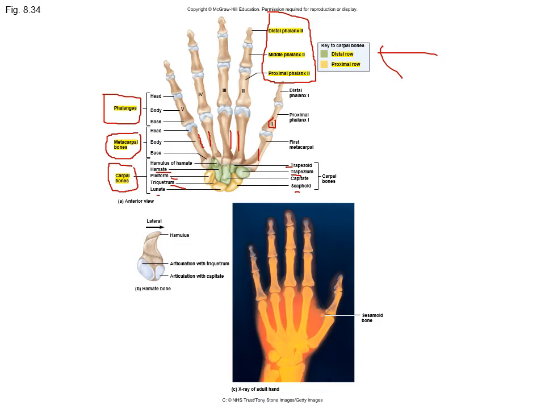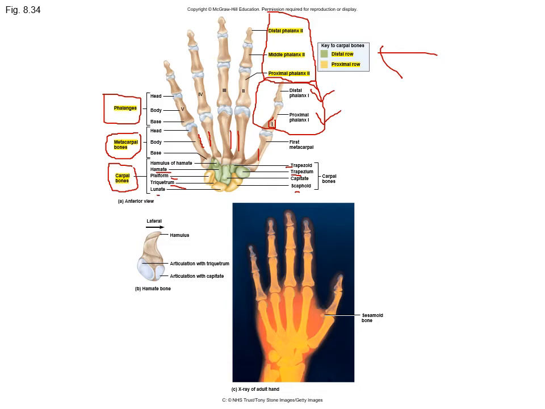But if you look at the pollex, your thumb, you only have a proximal and a distal. You do not have a middle. And that's one of the reasons why when you take your fingers and curl them, you're going to notice that your 4 fingers, 2, 3, 4, 5, are able to curl into 3s, whereas your thumb only into 2. And that is actually very beneficial because it makes it opposable, which allows us to grasp objects tighter.